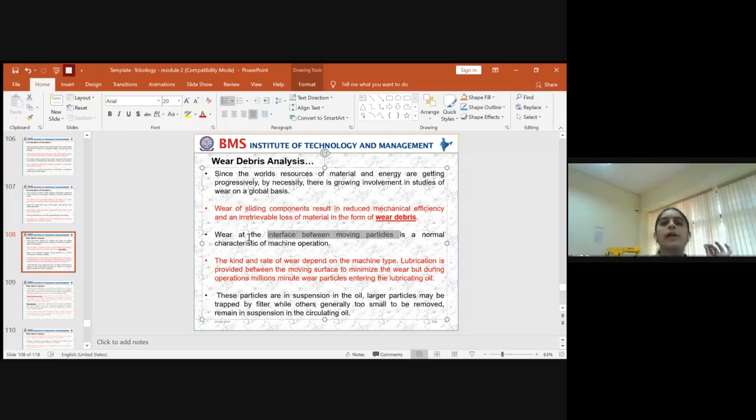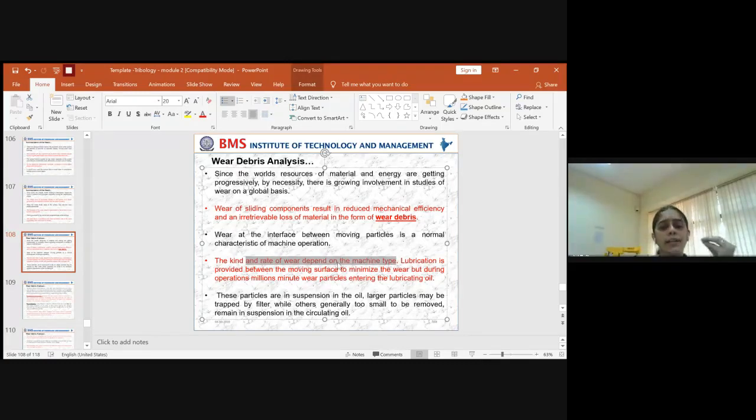Across the interface, due to various factors we have studied already, the amount, the kind and the rate of wear usually depend upon the machine we are using: which material you have selected, which mechanical components you are using, how the relative motion is between the two components, and what amount of load or pressure is acting across the surface. This will define the amount or rate of wear at that particular moment.